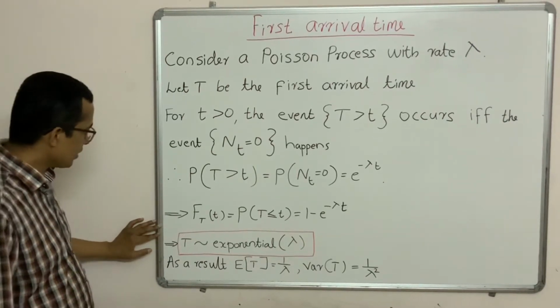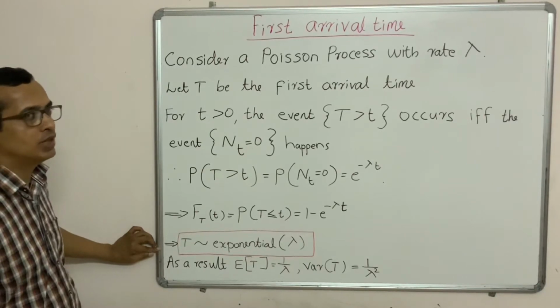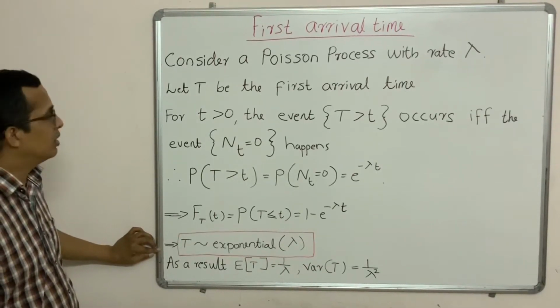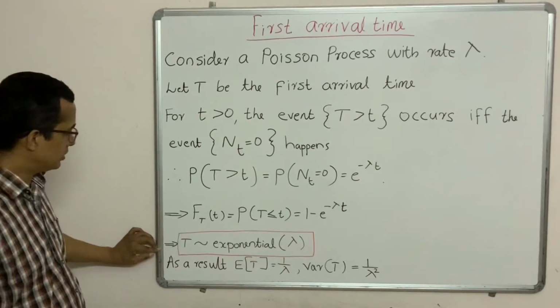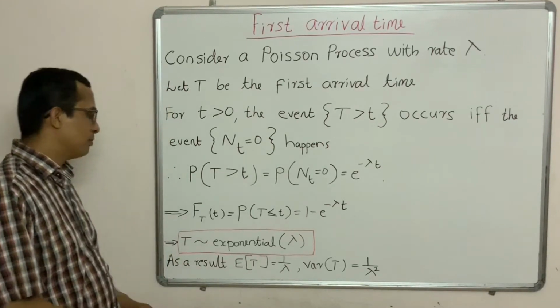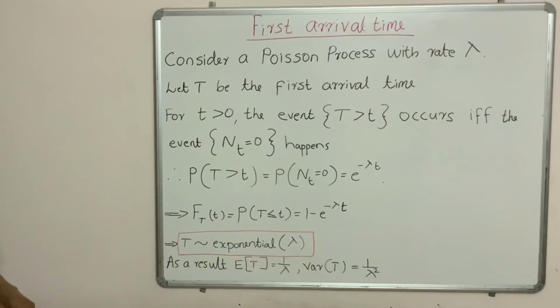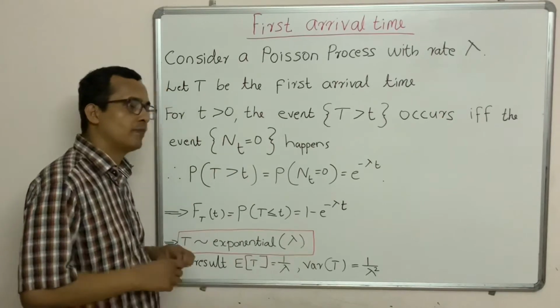So the conclusion is that the first arrival time is exponentially distributed with parameter lambda, where lambda is the same as the arrival rate of the Poisson process. As a result, the expected first arrival time is 1 by lambda and the variance of the first arrival time is 1 by lambda square, because of the exponential distribution property.